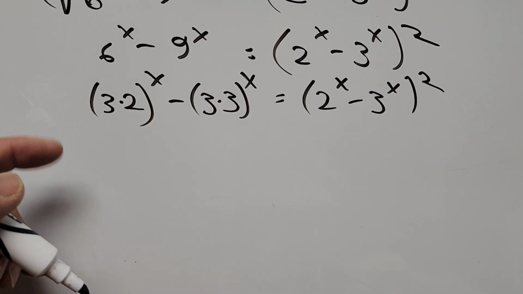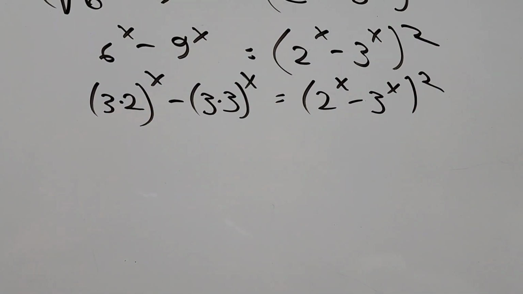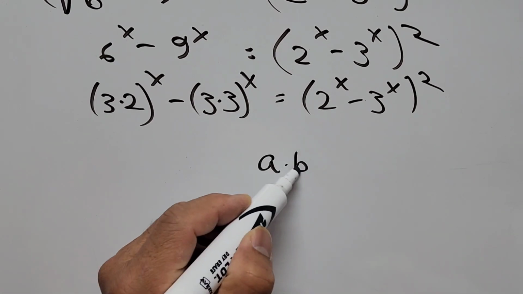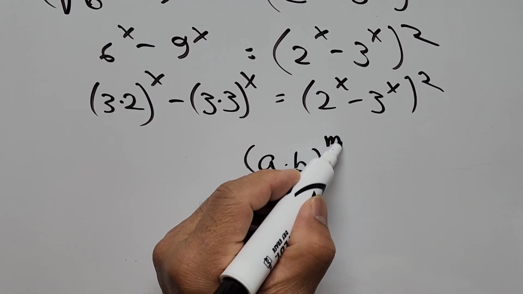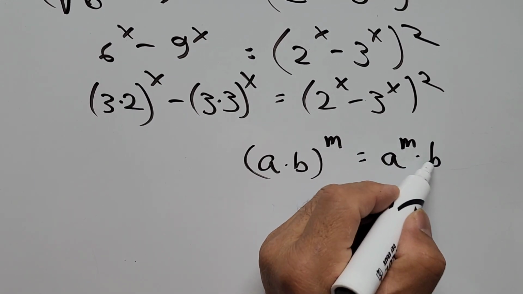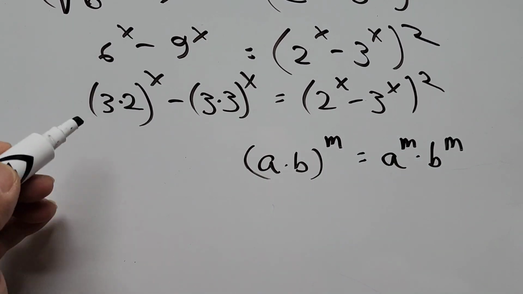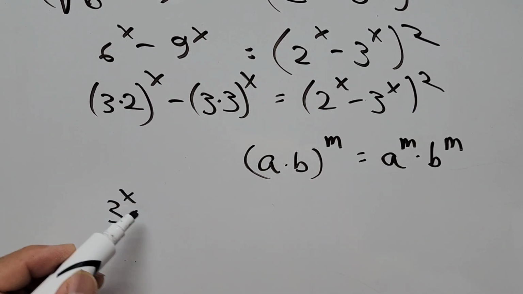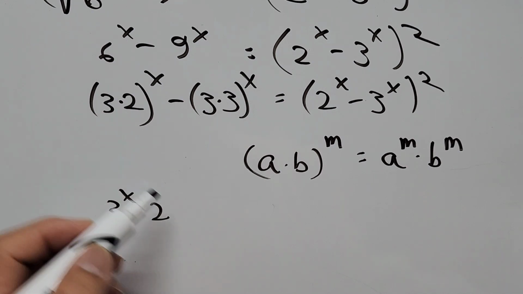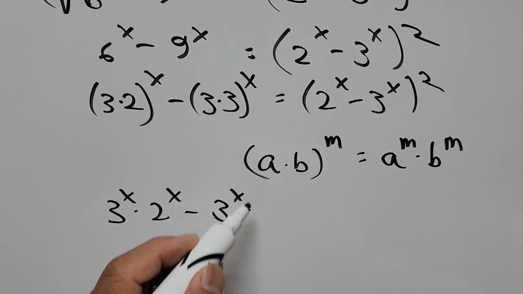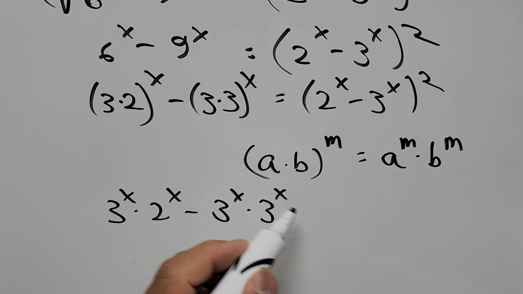So here on the left hand side of the equation we'll be using the exponent formula, that is a times b to the power of m equals a to the power of m times b to the power of m. So the left hand side now becomes 3 to the power of x times 2 to the power of x minus 3 to the power of x times 3 to the power of x.